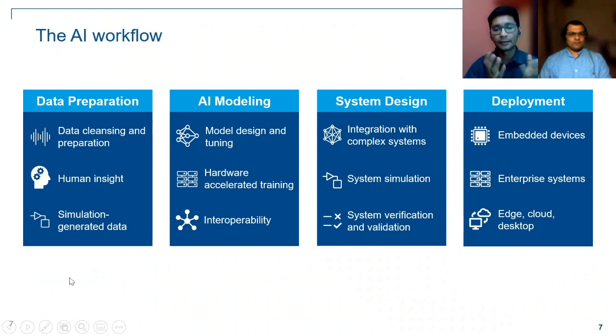Once your AI model is ready, before taking it to deployment, you want to validate that model, especially when you want to deploy it on an embedded system. It's going to be mission critical, so you want to thoroughly validate it and make it error free, and then take it to deployment. This is a complete end-to-end workflow, and I believe we can cover over our talk how cloud can play a crucial role in all these buckets and how easily doable it is with the help of MATLAB.